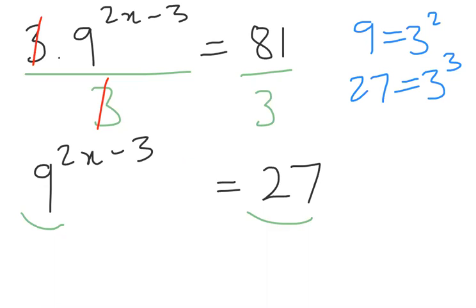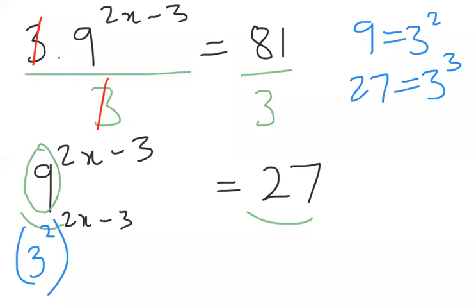So if we look at this, it looks like we can take the 9 and make that 3 to the power 2. Keep that in a bracket for now, and all of that to the power 2x minus 3. So again, we just took this 9 and made it 3 to the power 2, and just kept the others the same. So that is what we did there. And on the right, we take the 27, which is 3 to the power 3.